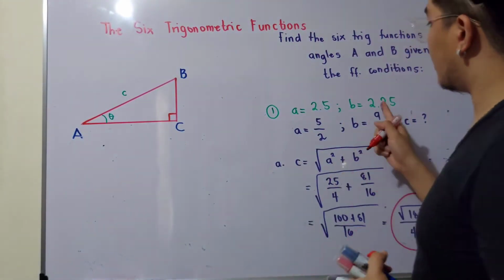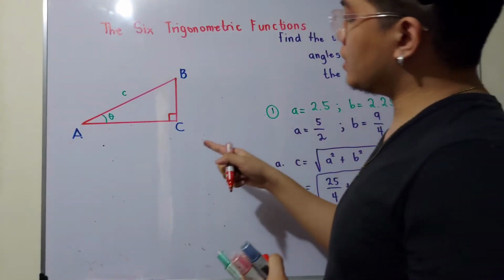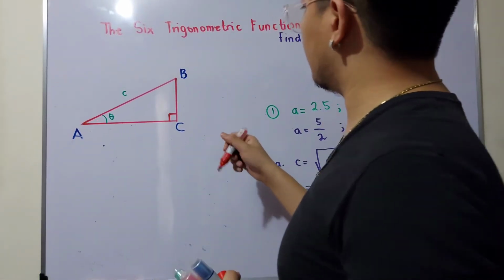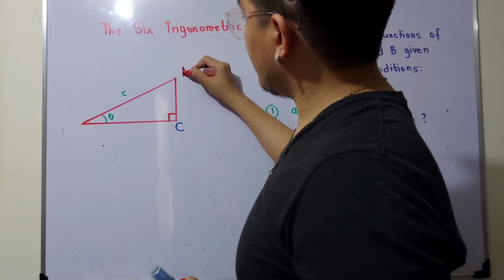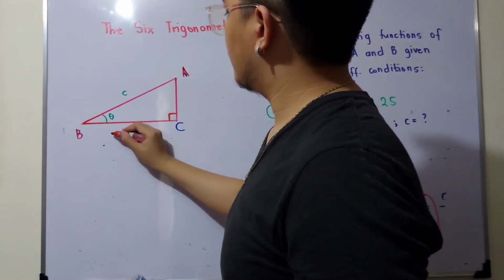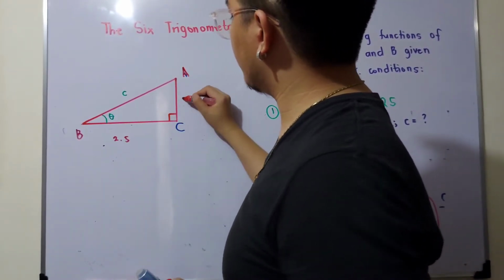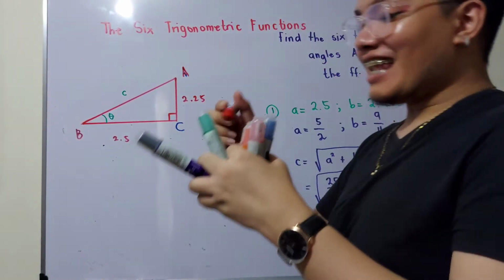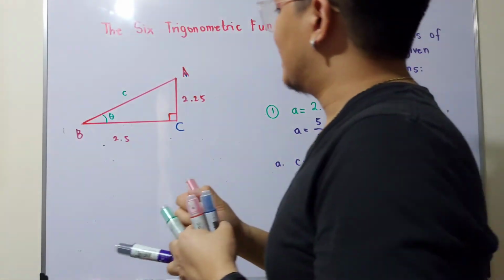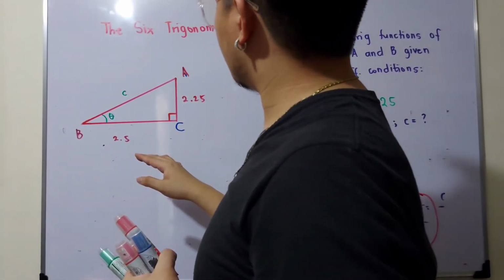Dahil mas mahaba, actually, hindi nga totohanan to drawing. So, gawin natin, ito si A, ito si B. Ito yung 2.5, ito yung 2.25. Ang laki ng difference, no? Pero we have to be accurate, guys.